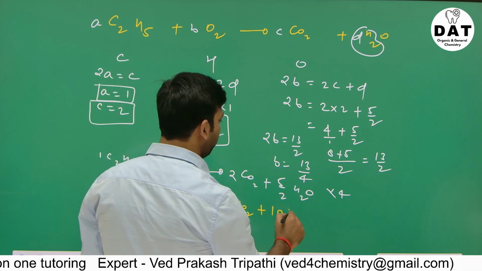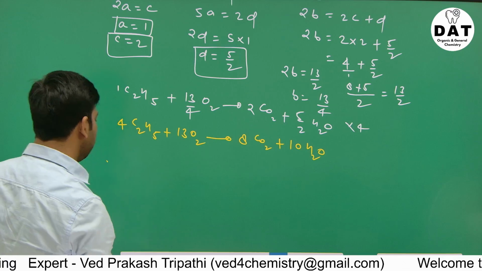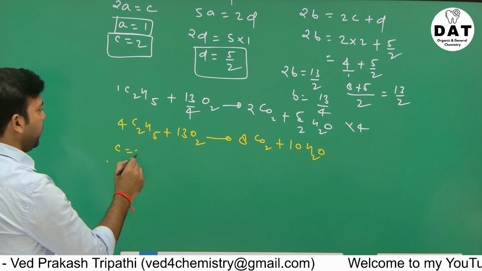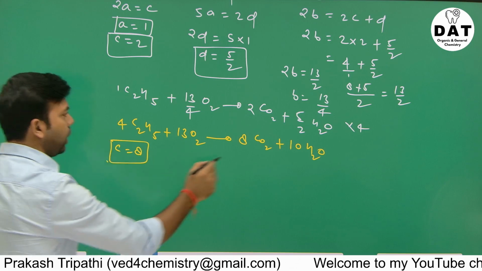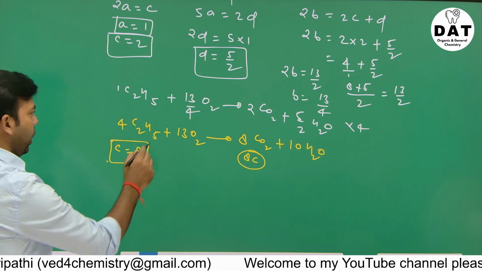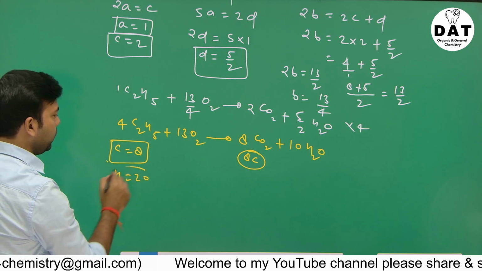Clear? Let's check this. So how many carbon? 2 into 4. Carbon is 8. Carbon is how much? 8. How many hydrogen? So 5 into 4. Hydrogen is my 20.